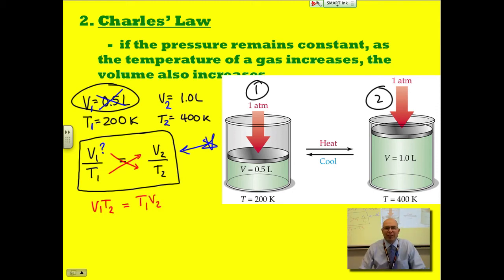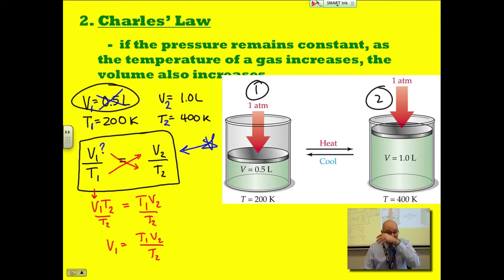That red formula is the same as the black one, which is Charles's law. V1 over T1 equals V2 over T2. So by cross multiplying, I now have no denominators, which then allows me, if I'm solving for V1, I could divide both sides by T2, and my formula for V1 is T1 V2 over T2.